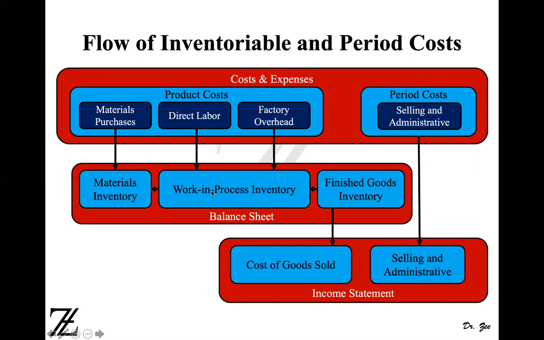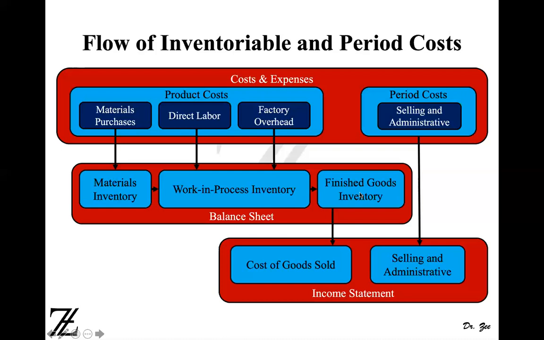You apply direct labor, moves to work in process inventory, and you also incur factory overhead. So that's your work in process inventory. And once you finish making the product, the portion of the work in process inventory that you finish becomes the finished goods inventory. And again, it stays in the balance sheet.